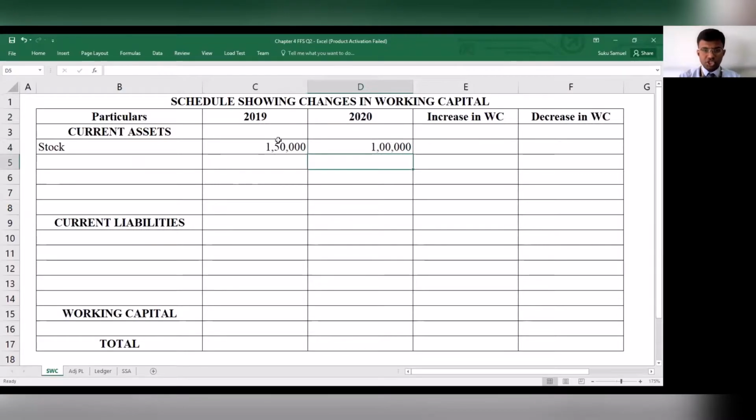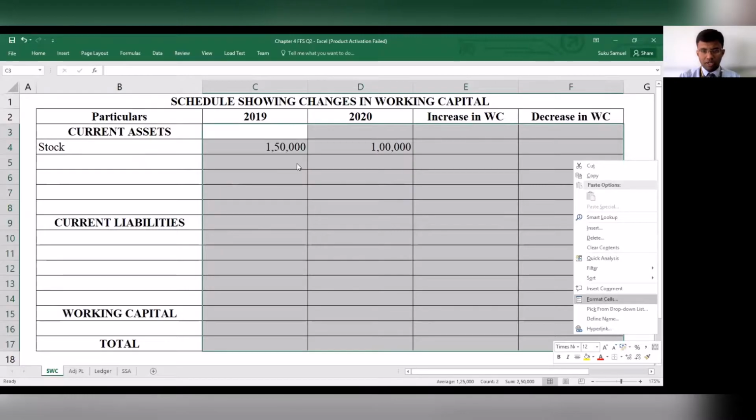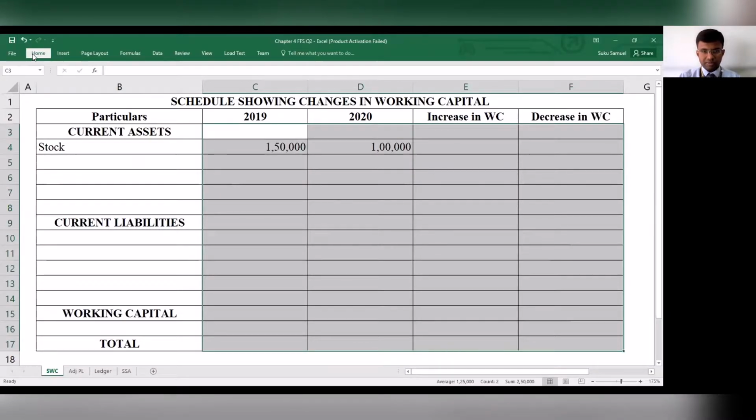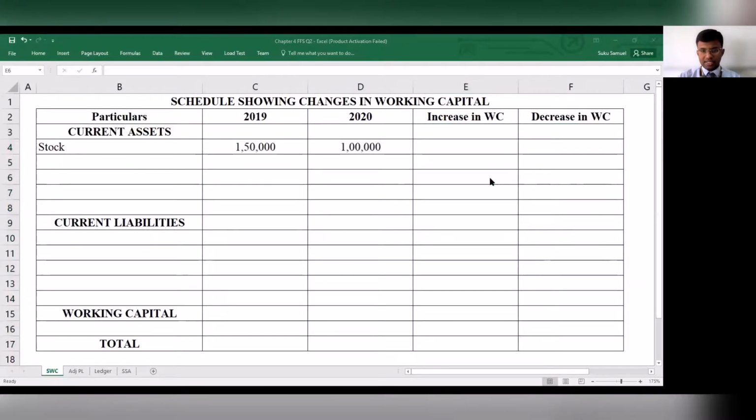Now notice what is the change with respect to schedule showing changes in working capital for the item of stock. Stock has decreased by 50,000. What impact does it have on working capital? Working capital will reduce by 50,000. Next, what we have is debtors. Debtors, what has happened?